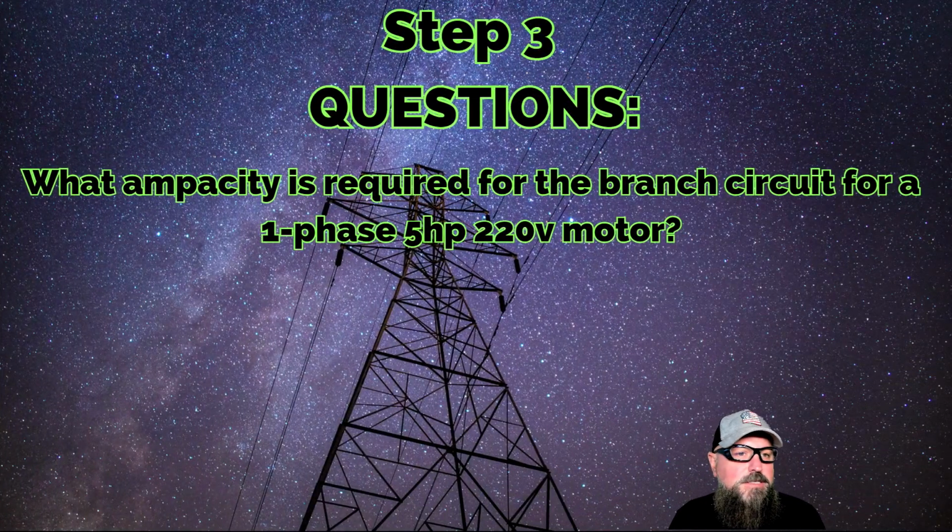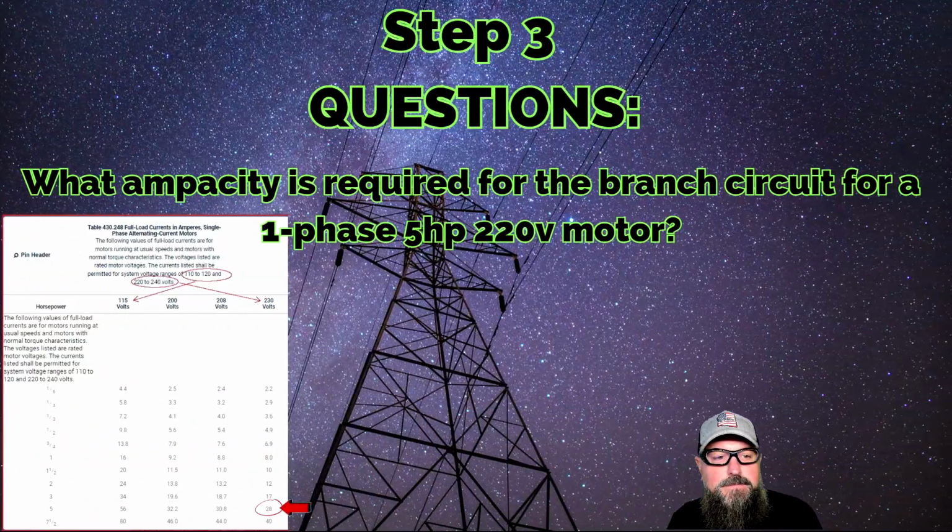So let's jump right into a question. Step 3, question: what ampacity is required for the branch circuit for a single phase, 5 horsepower, 220 volt motor? Going back to step 1, you're going to go to table 430.248, full load currents for single phase motors. We have a single phase motor, 5 horsepower, 220 volts.